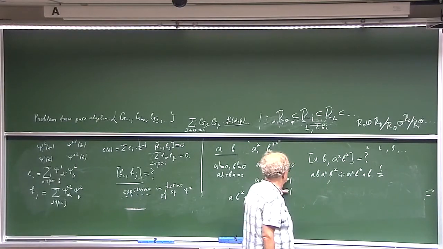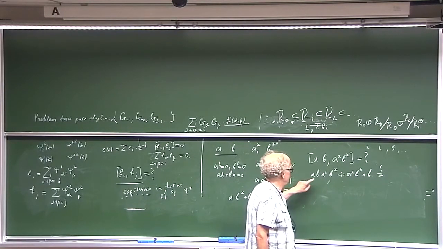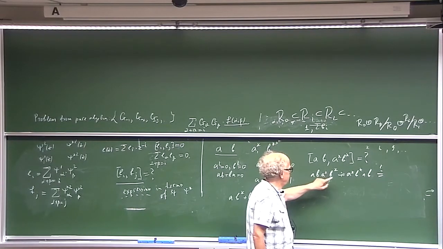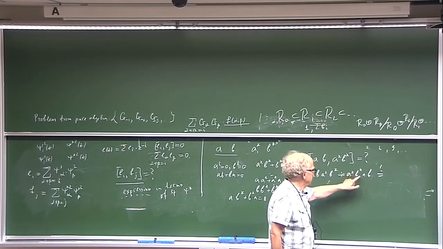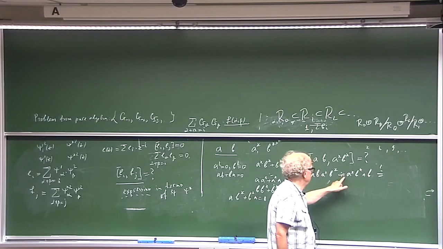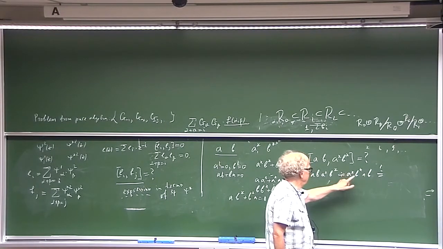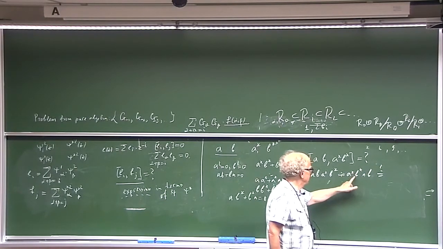If we have 0 here, then what we can do? Here, A star is in correct position, so we can move it here. No, the A we can move here, and B we can move here.